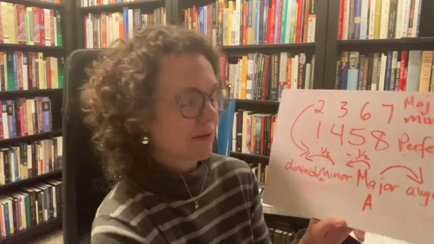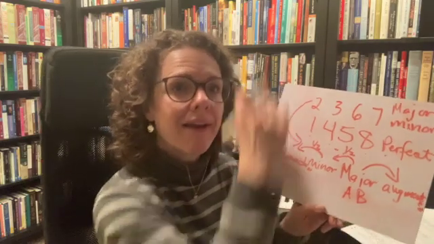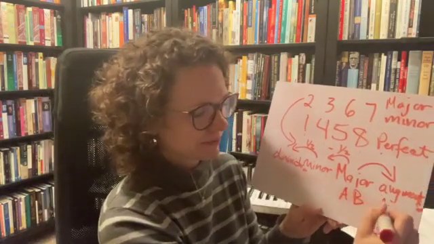Now, let's do a second. I'll do A to B. So major second is A to B. If I want to add to it, how do I make B a half step higher?